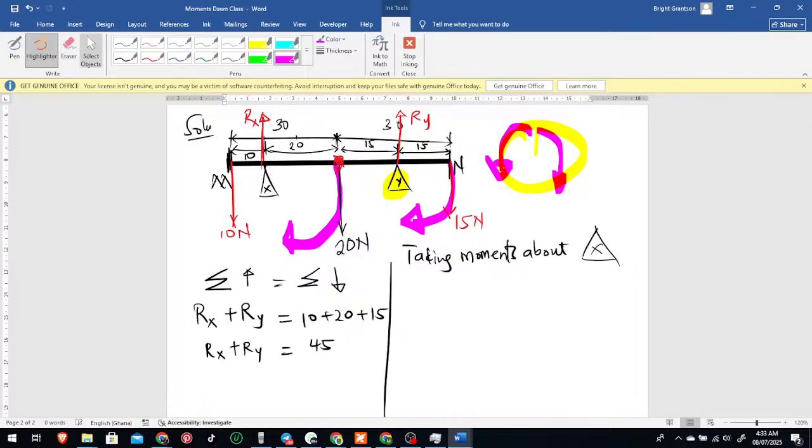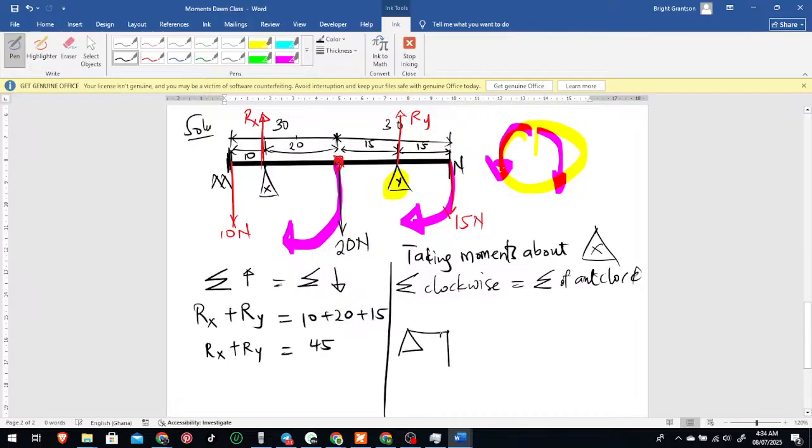Yes. So in this case, our clockwise moments will be what? Sum of clockwise moments equals sum of anti-clockwise moments. So what are the clockwise moments? Taking moments about x, x becomes the pivot. Moment is force times perpendicular distance, right? So the first force is 20 newtons.